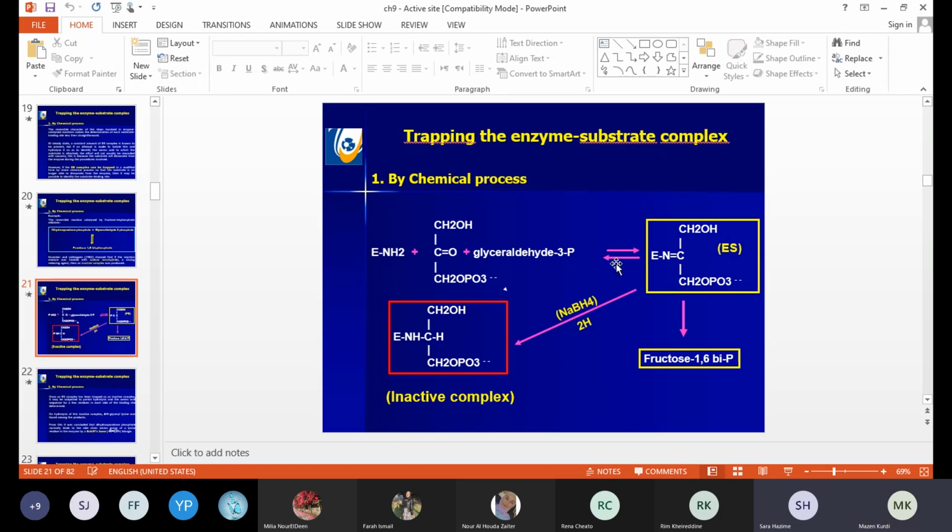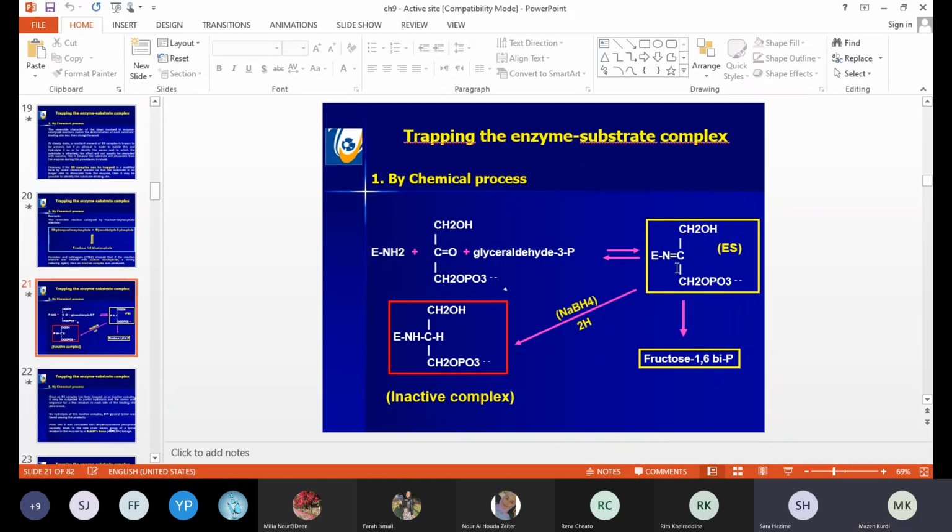نورمالي هالرياكشن رح تكفي اوكي as ES complex مع الجليسرالديهايد to form the fructose 1,6-bisphosphate. هيدا النورمال procedure للرياكشن. When you treat this reactional mixture with a reducing agent, NaBH4, this bond will be reduced.